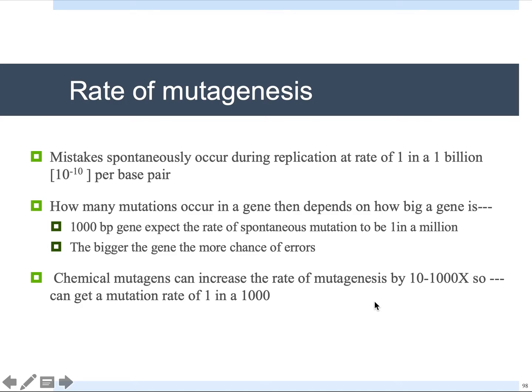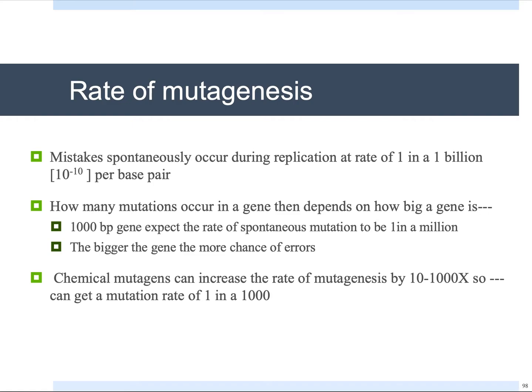We can actually measure the rate of mutagenesis, the rates at which mutations are produced by different agents. Note that mistakes rarely happen during DNA replication. In prokaryotes, you have between 1 in 1 million to 1 in 1 billion base pairs before you can see any mistake.